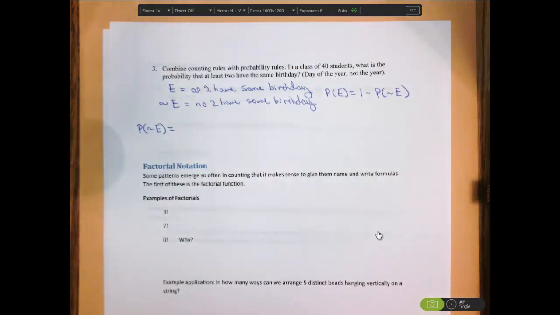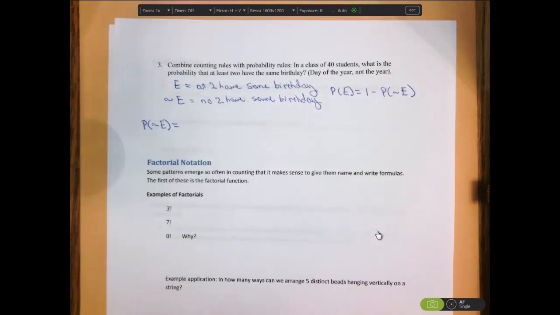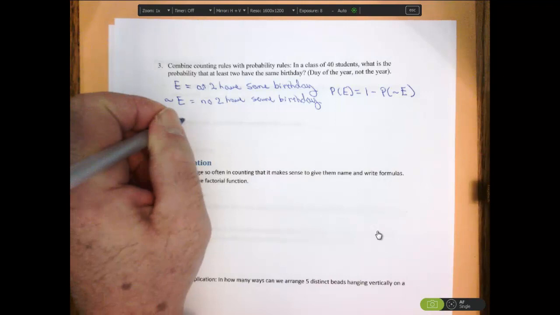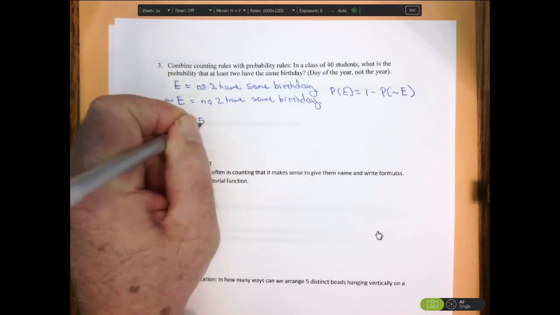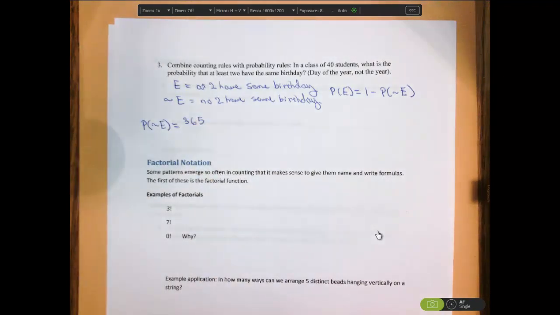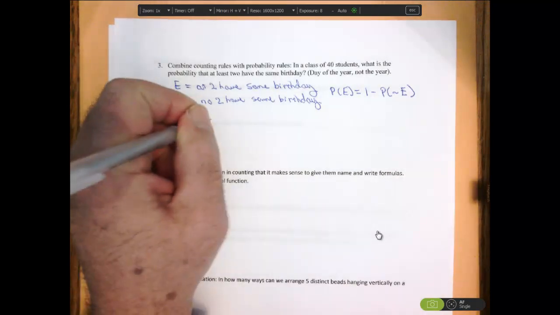First of all, we're going to think of the number of ways among 40 students that we could assign the birthdays in such a way that no birthday is repeated. For the first birthday, we have to select. There are 365 options in the year. There's no possibility of a repetition yet, since this is the first birthday that we're assigning.